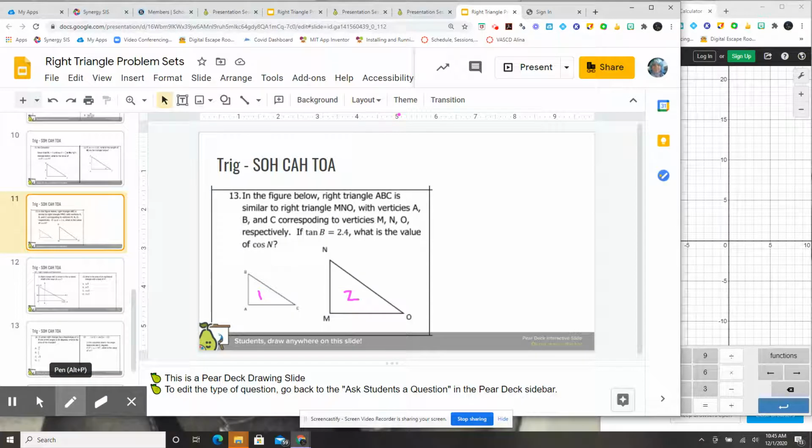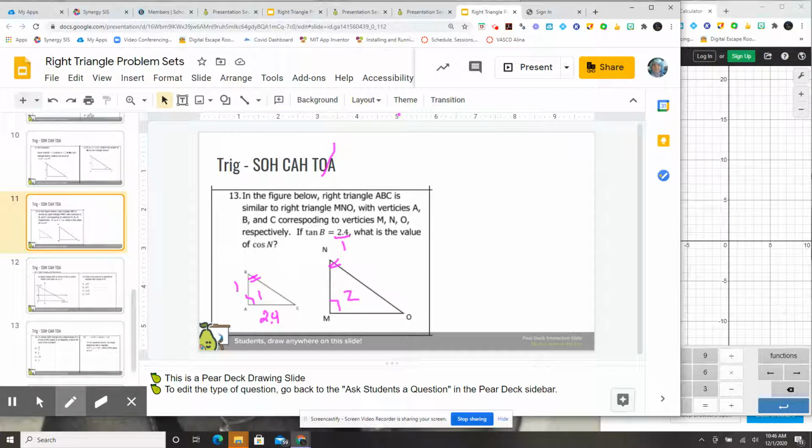With vertices A, B, and C, so A goes with M, and B goes with N, and C goes with O. If tangent of B is 2.4, always over 1, I can always put the over 1. So tangent is O over A. So O is 2.4 and A is 1. What is the value of cosine N?